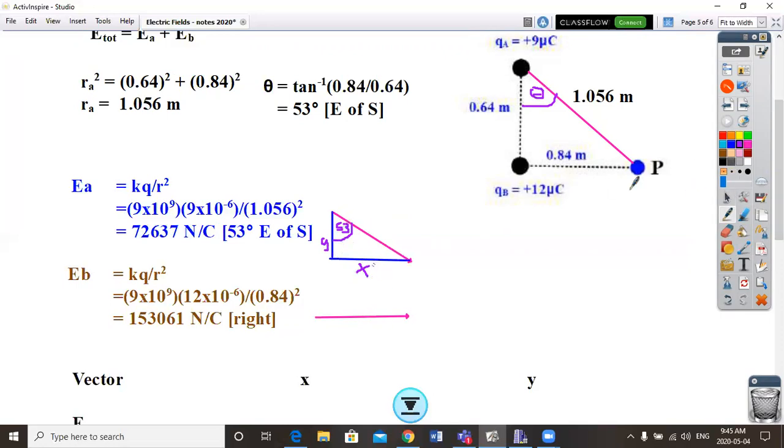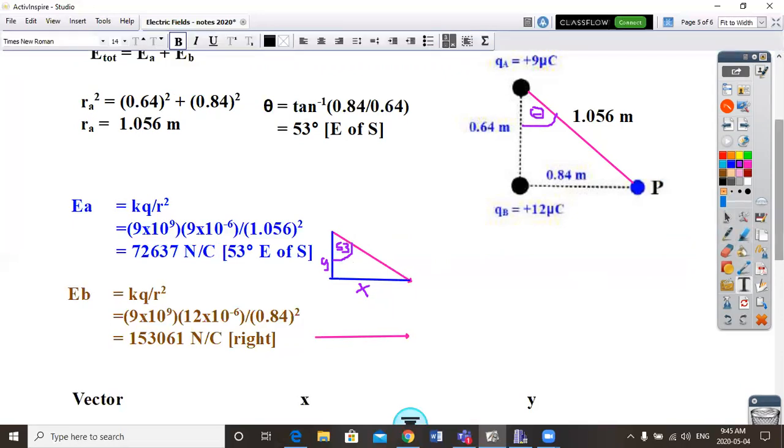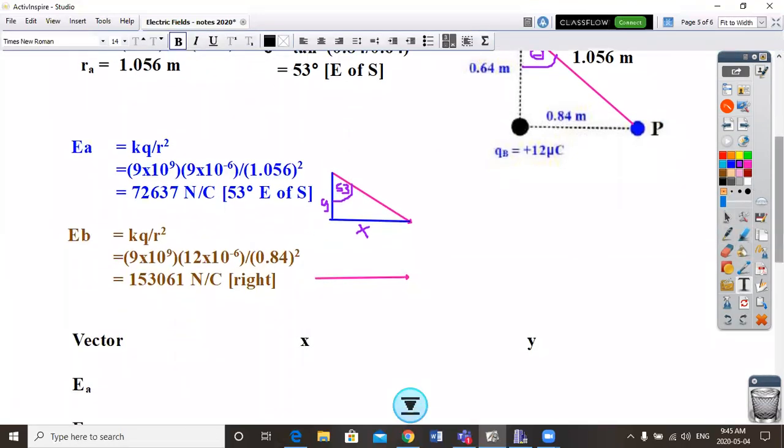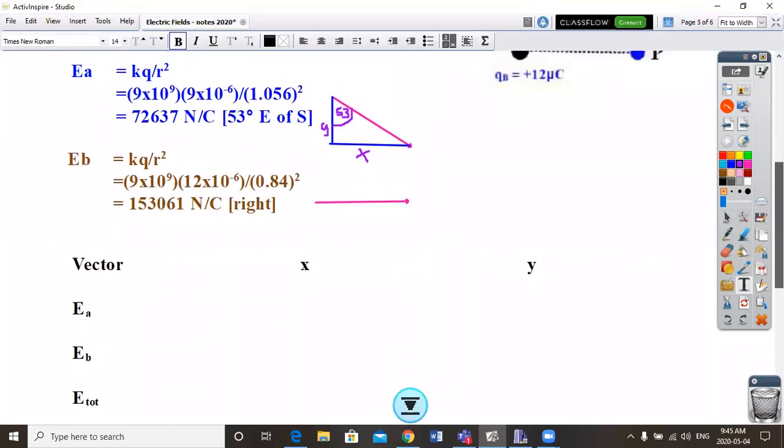So the x is the opposite side, which we know is going to be sine. So EA is positive because it's going to the right. 72,637 sine 53.